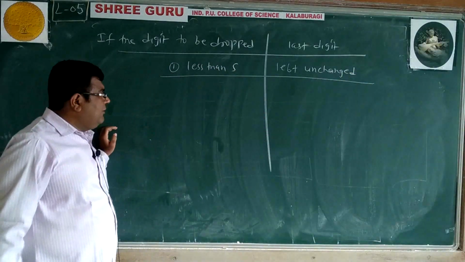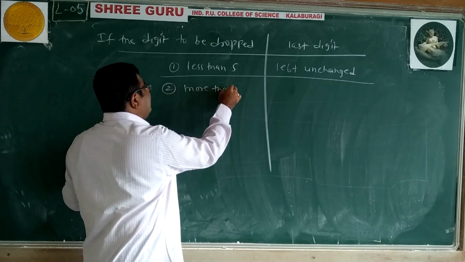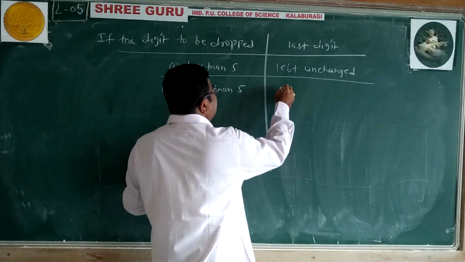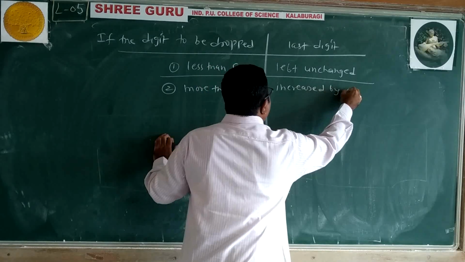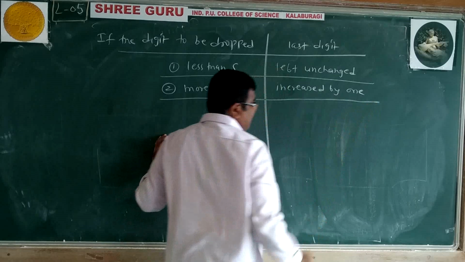First we'll make the table. If it is more than 5, then the last digit is increased by 1. If it is 3, we have to make it 4, like that.